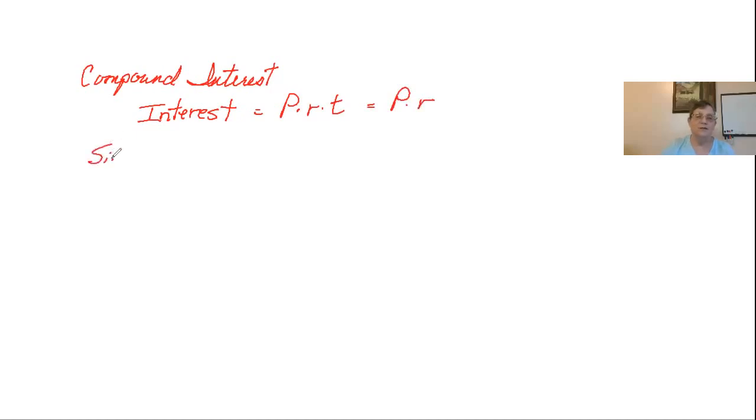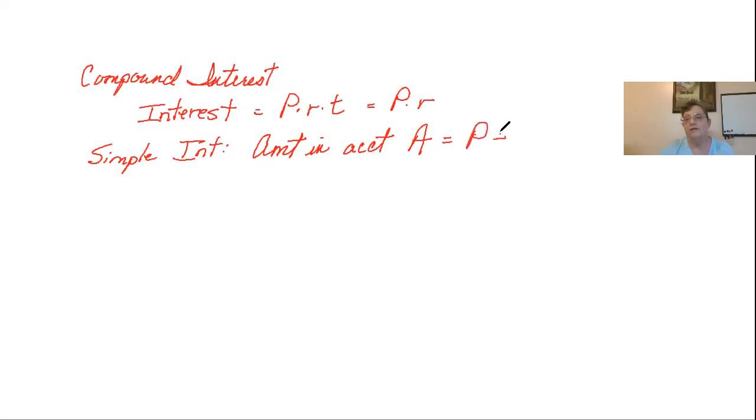In simple interest, the amount in the account, which we tend to call A, is going to be your principal that you started with, plus your interest, which is your principal times your rate times your time.